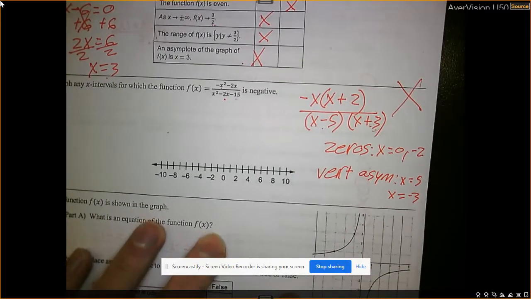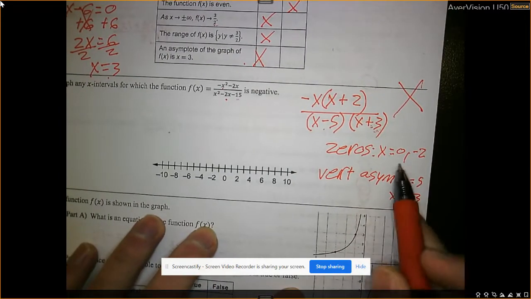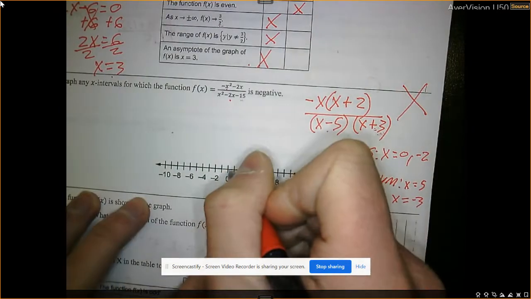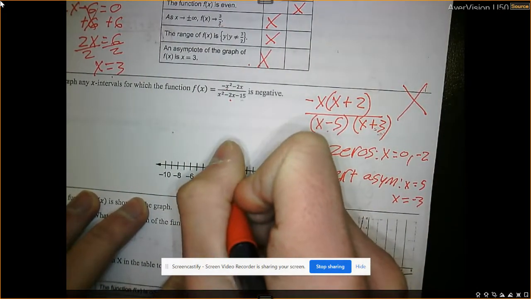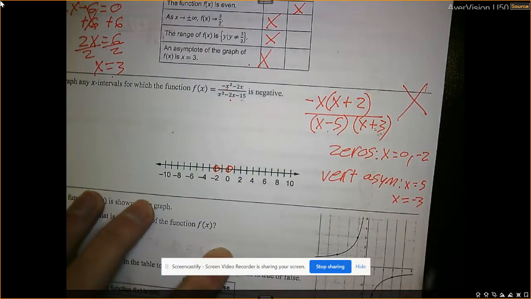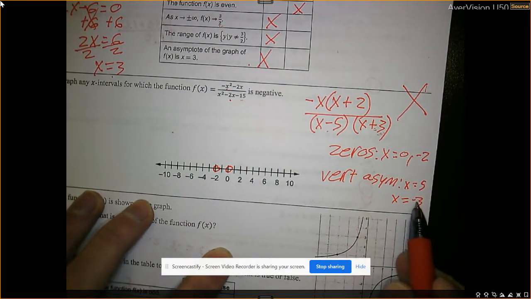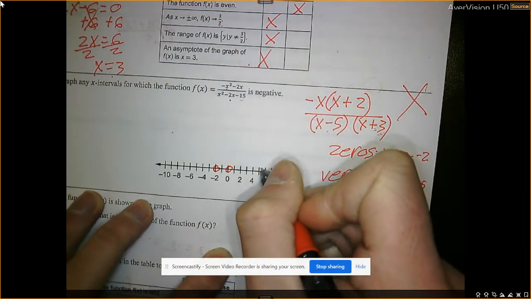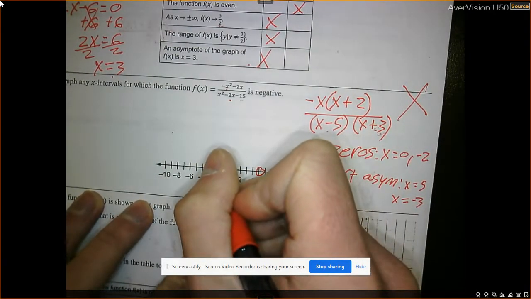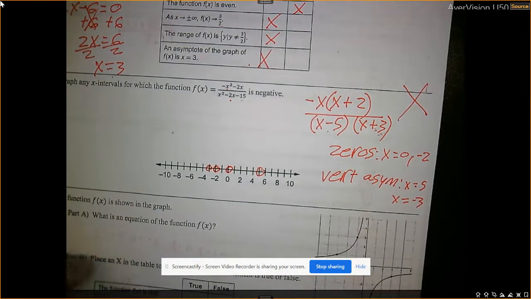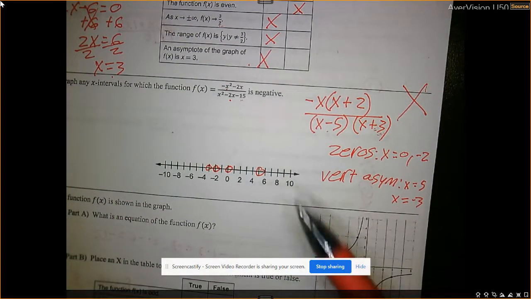So from there, I would plot each of these. I have my zeros, one at 0 and one at negative 2. And then I have my vertical asymptotes, one at x equals 5, one at x equals negative 3. Now from here, that is a huge start.